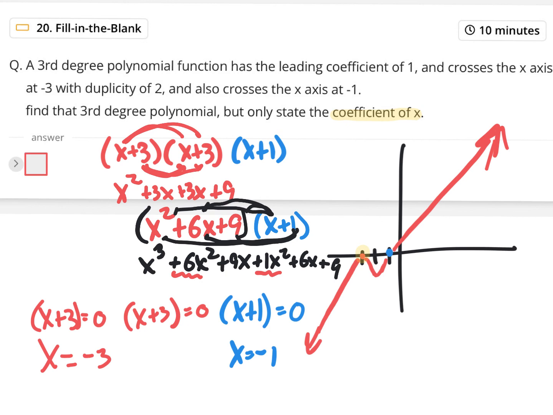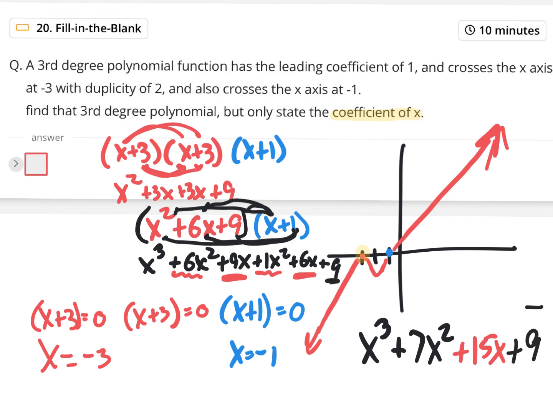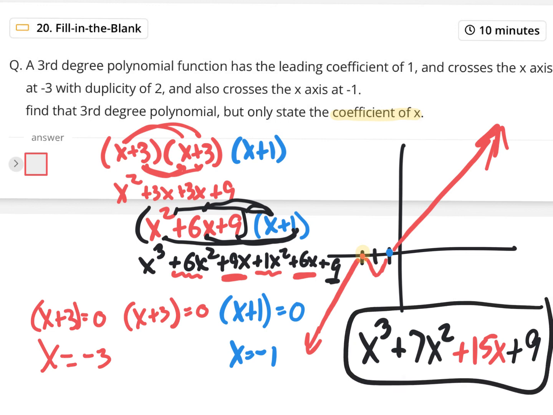So my final answer, I'm going to write it over here because I ran out of space: x cubed plus 7x squared, and then we have the 9 and the 6, which is 15x, and the 9 is at the very end. So this is my third degree polynomial function that has that given information, those answers at -3 and at -1, where the -3 had a multiplicity of 2.